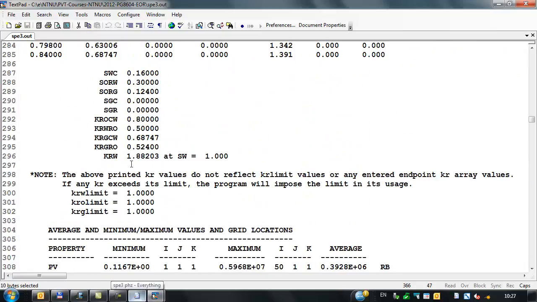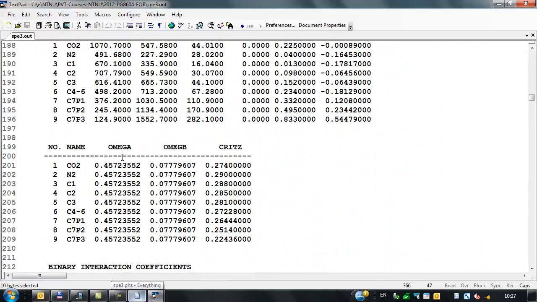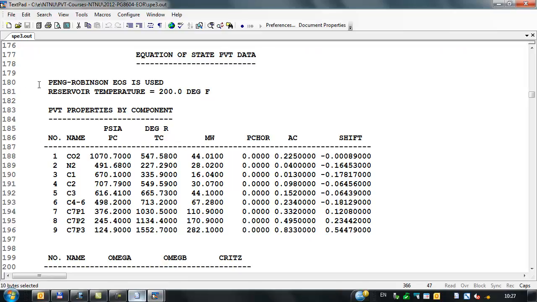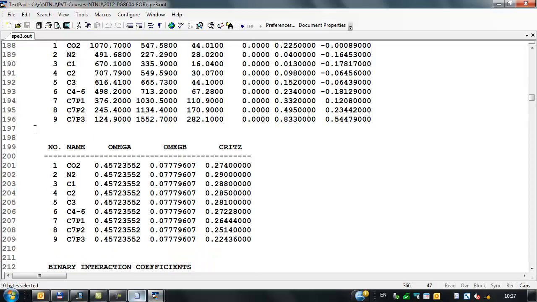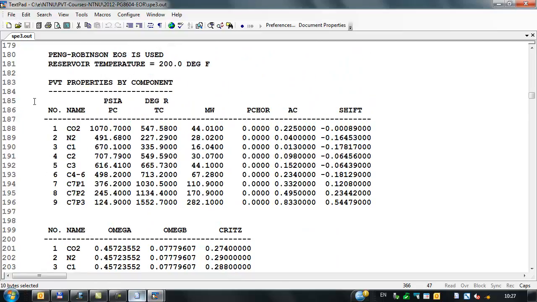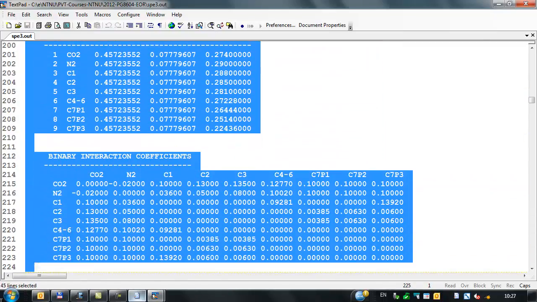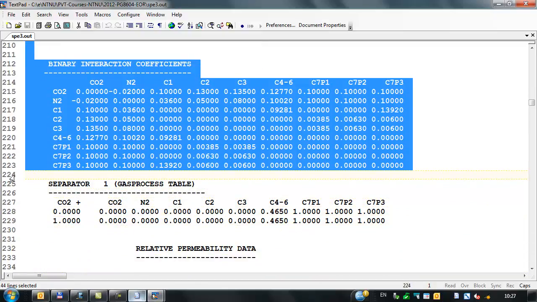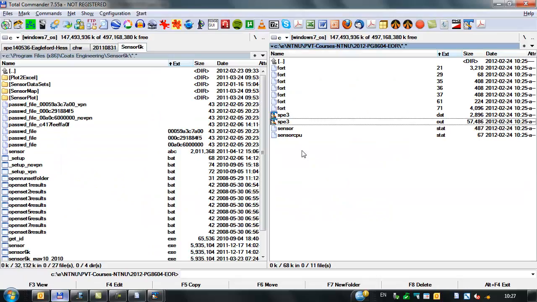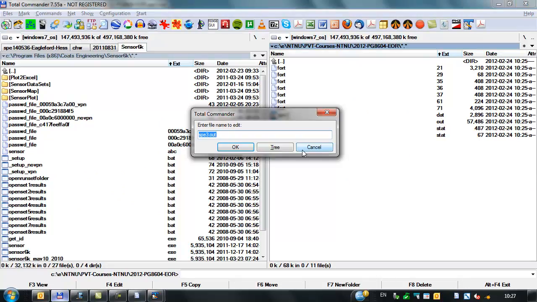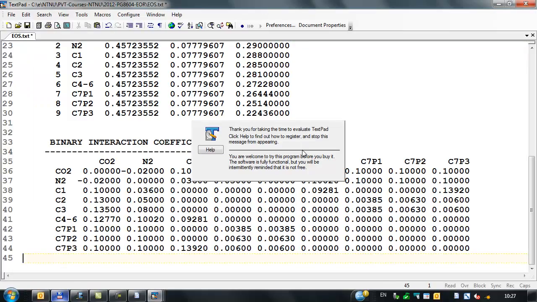So let's take that. And what I'm going to do is I'm going to take these properties here into the... okay, so we'll do a text file just to get it all in there.